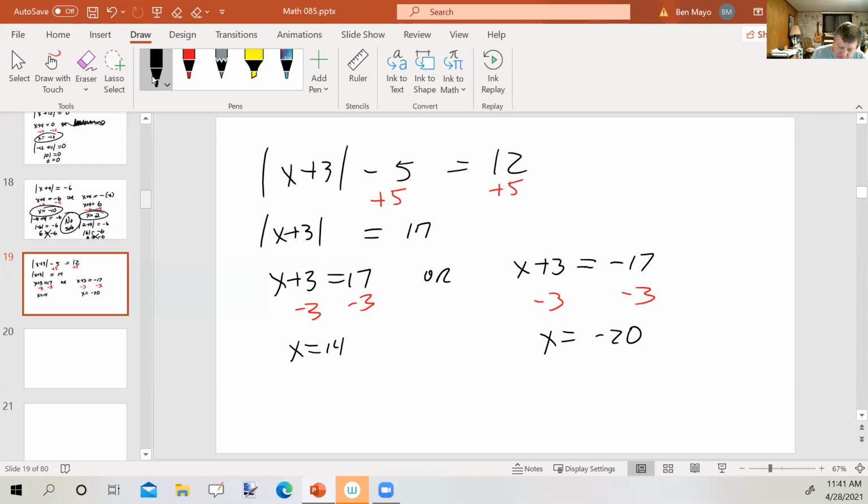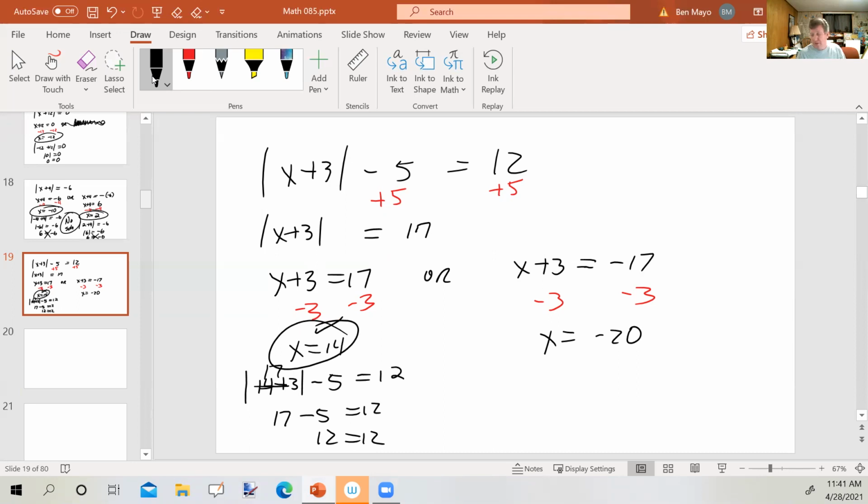Let's check our work. Let's take x equals 14 and plug that into the original equation. The absolute value of 14 plus 3, outside the absolute value, minus 5 equals 12. 14 plus 3 is 17. The absolute value of 17 is 17, and 17 minus 5 is 12, so 12 equals 12. x equals 14 checks as a solution. Let's try x equals negative 20.